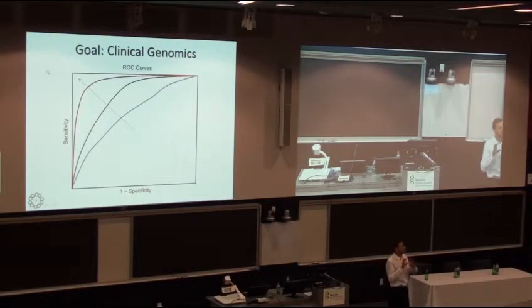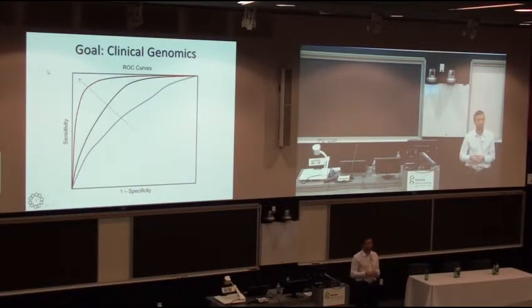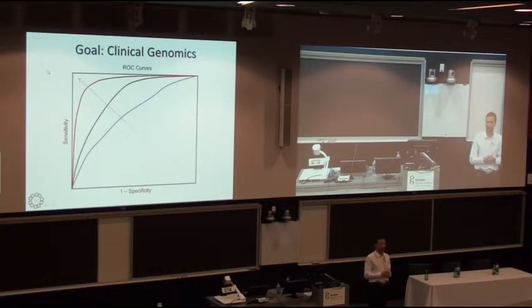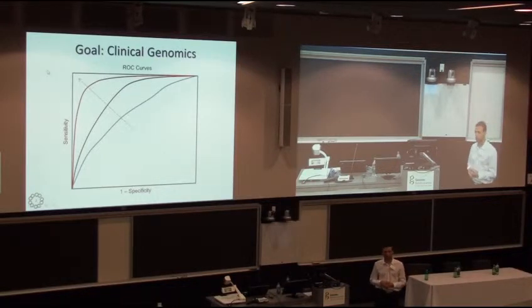So when we talk about translating a bioinformatics tool into the clinical domain, any experimental system, and by experimental system I mean everything that generates data for analysis, is operating somewhere on a receiver-operator characteristic plane. Okay?